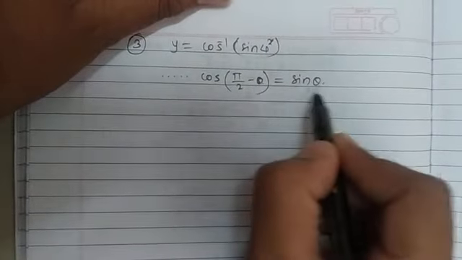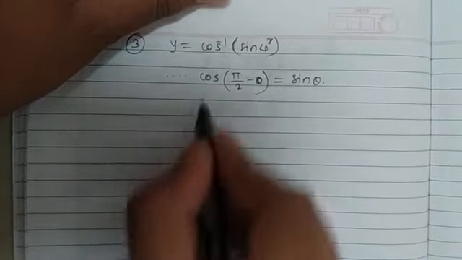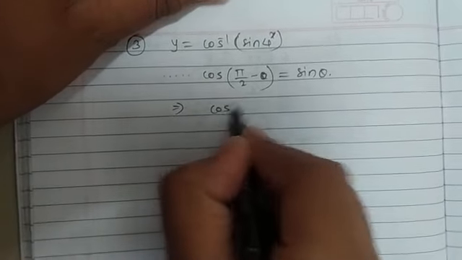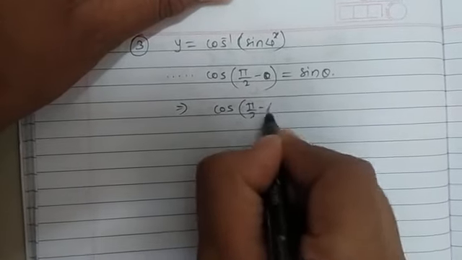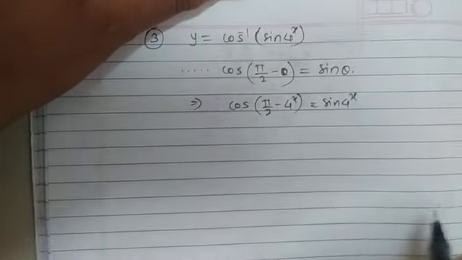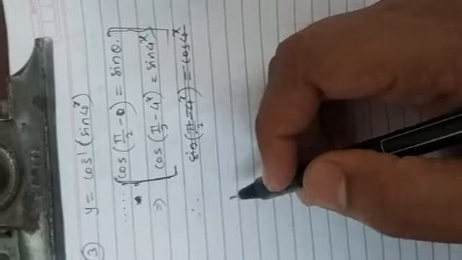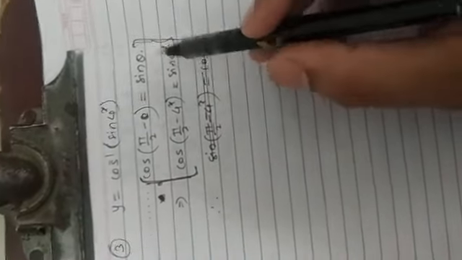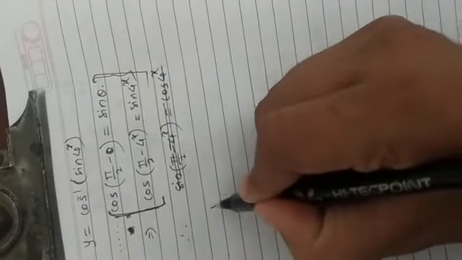So suppose theta is equal to 4 raised to x. Then this can be written as cos of pi by 2 minus 4 raised to x is equal to sin 4 raised to x. Hence this bracket part sin 4 raised to x is equal to cos of pi by 2 minus 4 raised to x.